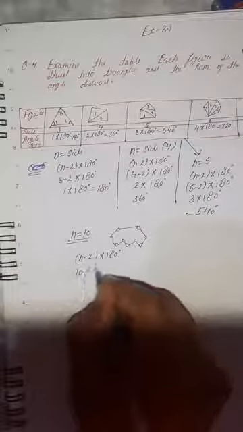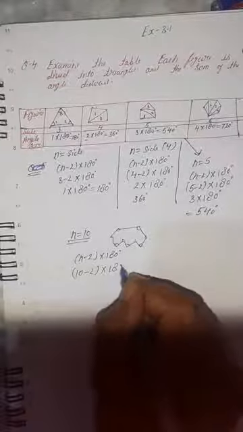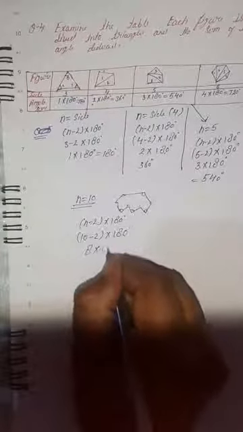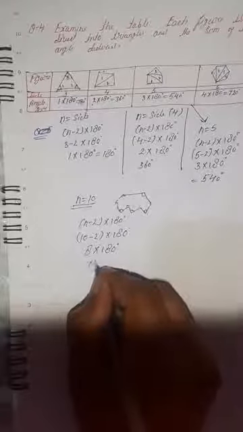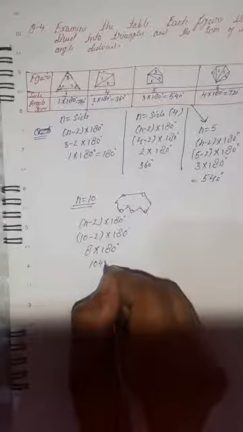We have n equal to 10, so 10 minus 2 multiplied by 180 degrees. So we have 8 multiplied by 180 degrees.